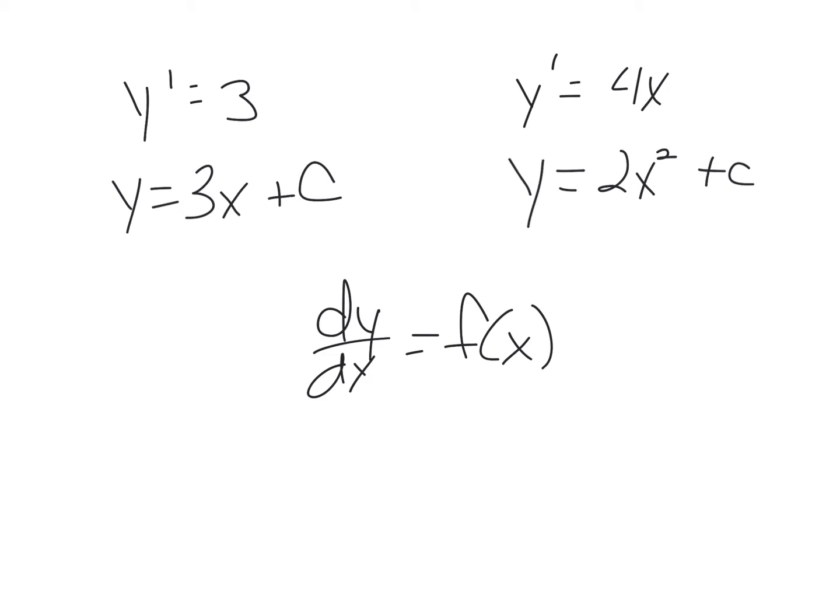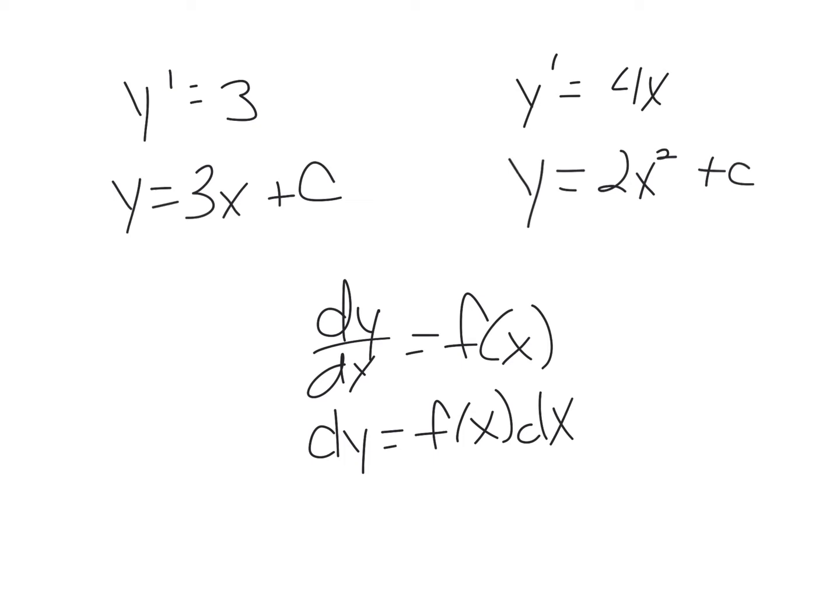Now we're going to briefly dive into our notation with antiderivatives. So one of the things I briefly mentioned when we were talking about derivatives is we can write derivatives as dy over dx, right? So with dy over dx, if we multiply both sides by dx, you get dy equals f of x times dx.